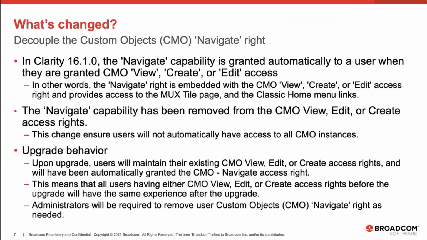In this release, the navigation capability has been removed from these custom master object view, edit, or create access rights. This change ensures users will not automatically have access to all CMO instances or custom master object instances.